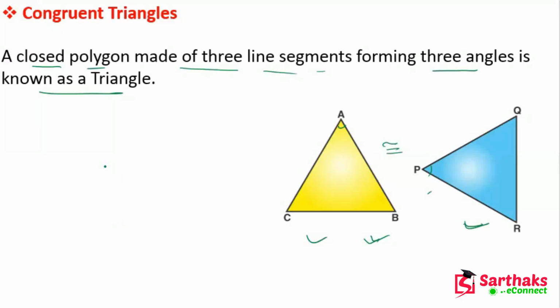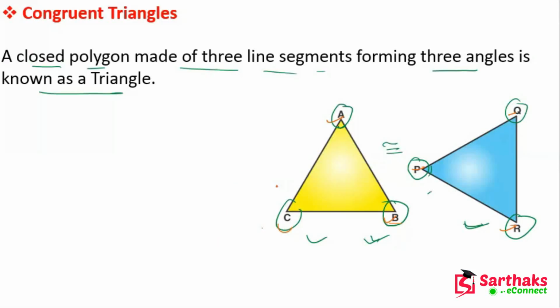This means what this is A and what this is P, what this is B and what this is Q, what this is C and what this is R are the same. So we can say A and P, B and Q, and C and R are the same.